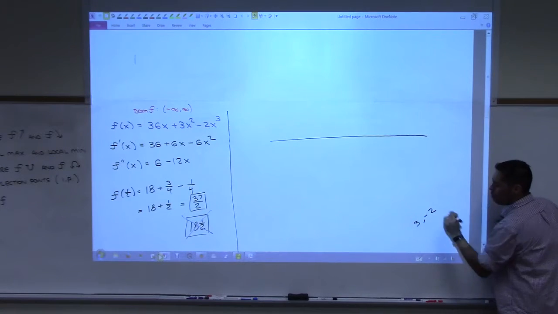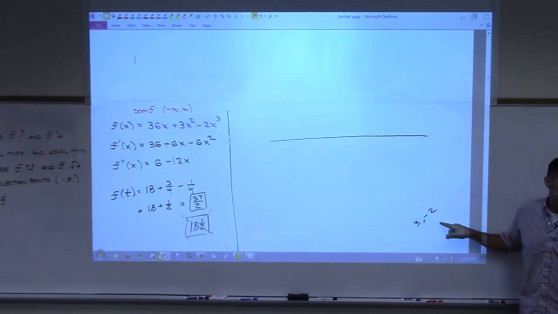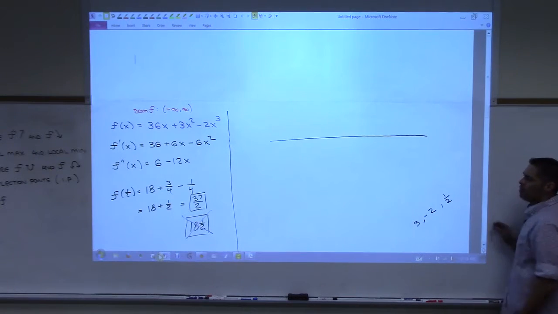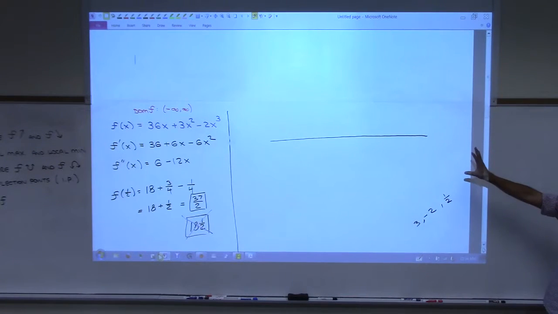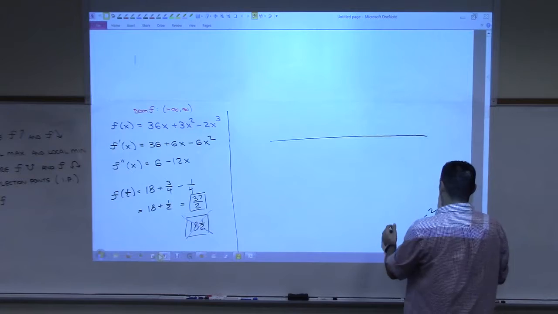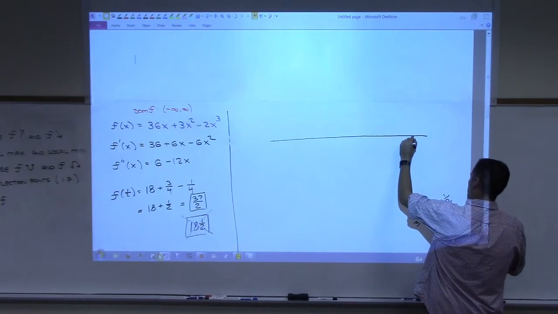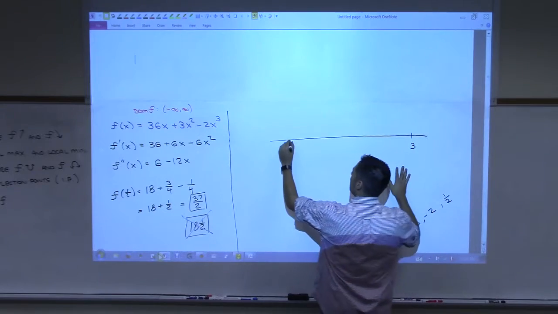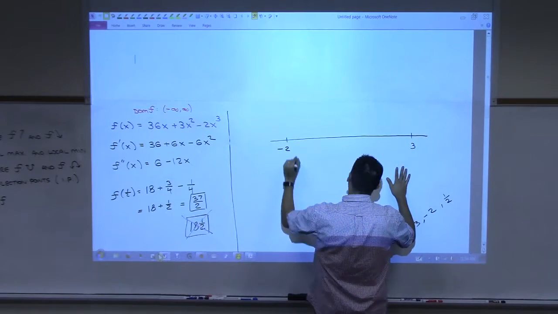What was the critical number from the second derivative? A half? Okay. I want all those numbers on a number line, and let's do our best to put them in the right order and space them appropriately. 3 would be the one to the far right. -2 would be over here, far left.